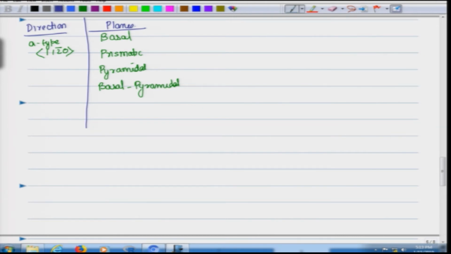And corresponding to this we can have slip systems. Now that you have a direction and the plane, we can describe the slip system.